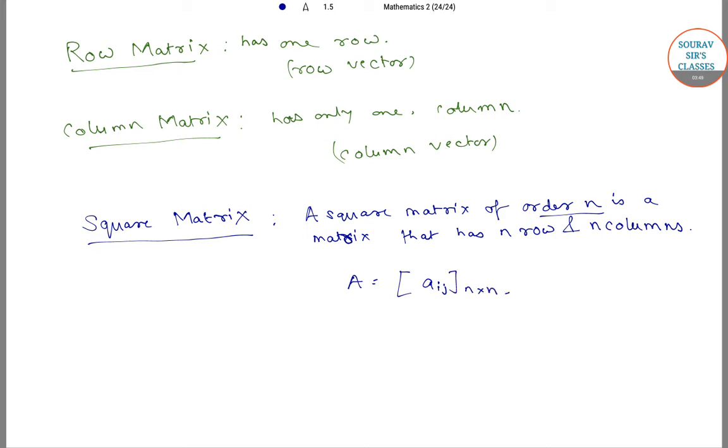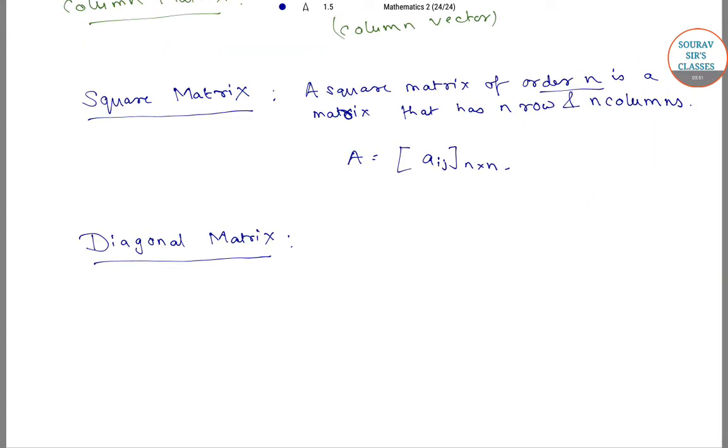Next is diagonal matrix. A square matrix represented as A is equal to Aij, n by n, is called a diagonal matrix if all the elements except those lying in the diagonal are 0.